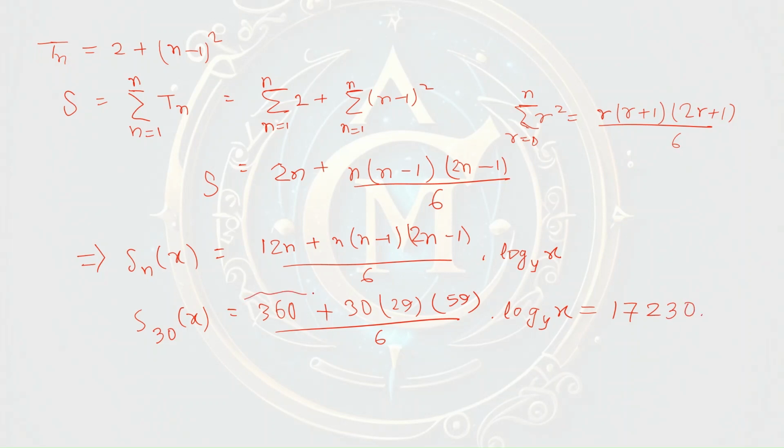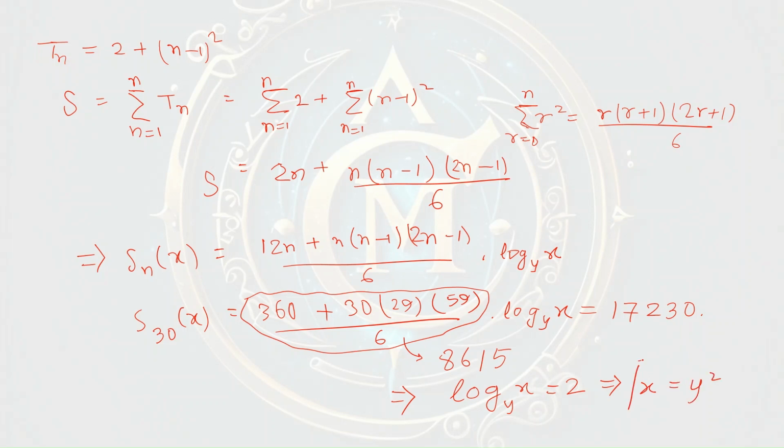Now you can calculate this one. This is some calculation. This comes out to be 8615. So if we divide 17,230 by this, we get log of x base y is equal to 2. That means x equal to y square.